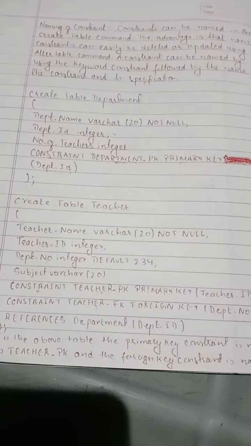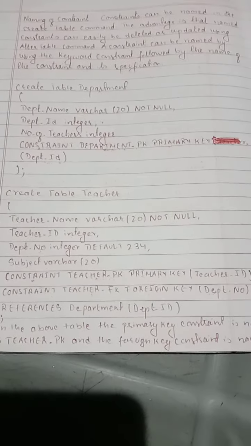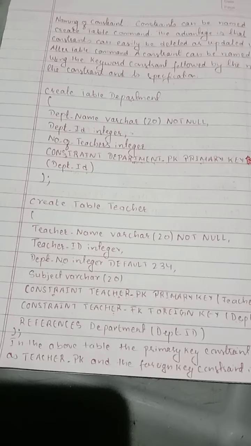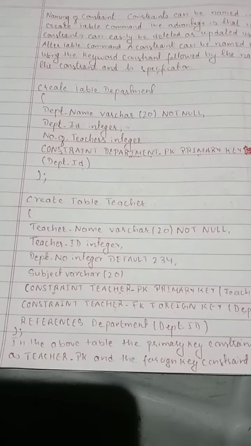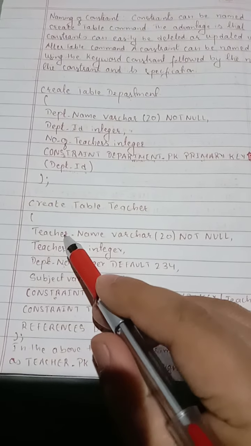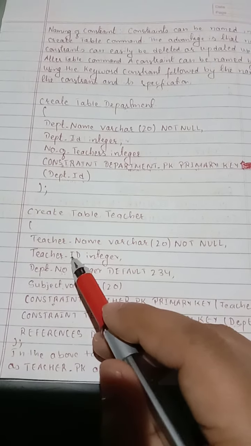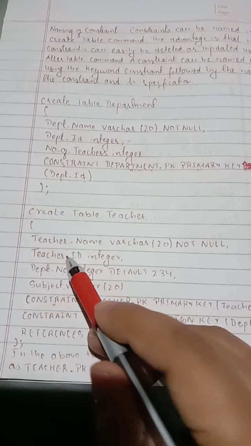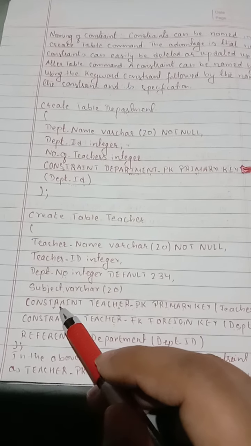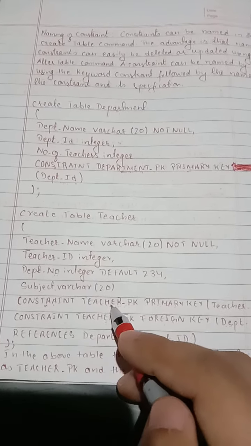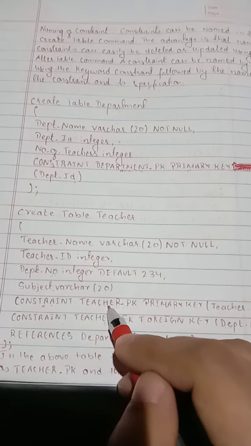There is another example of how to give a naming constraint in the create statement. There are four attributes: teacher name, teacher id, department number and subject. To specify the primary key, in the next line we have to give the keyword constraint and teacher pk.